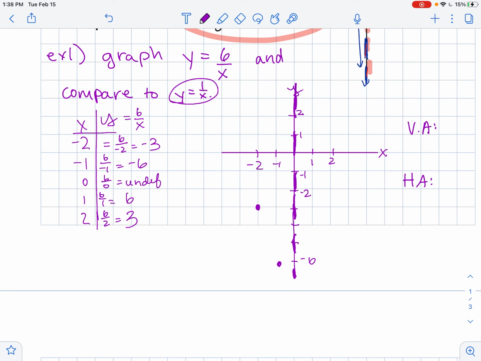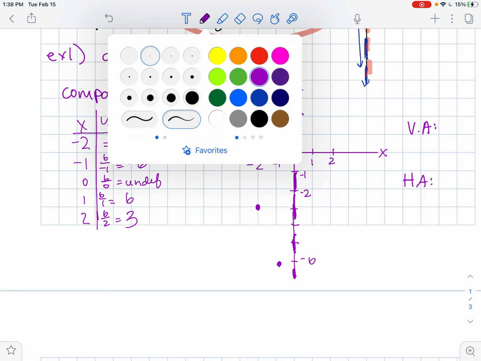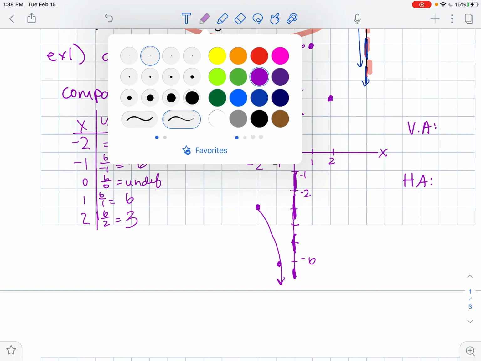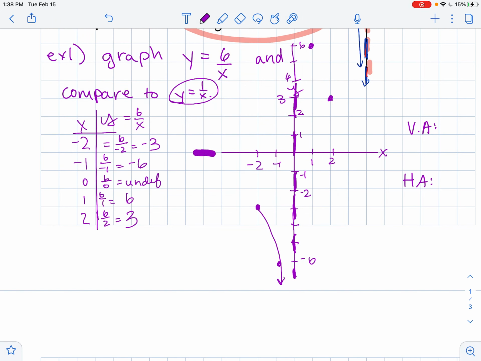And then at 1, 6, so here's 1, 2, 3, 4, 5, 6. So this point here, and then 2, 3. We see something that's going to look like this, but remember, it's going to have a guide. We also know there's nowhere on this line where any values are going to hit where x equals 0, because when we plugged in x equals 0, we got an undefined value.